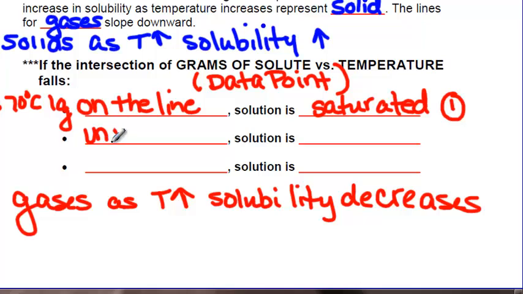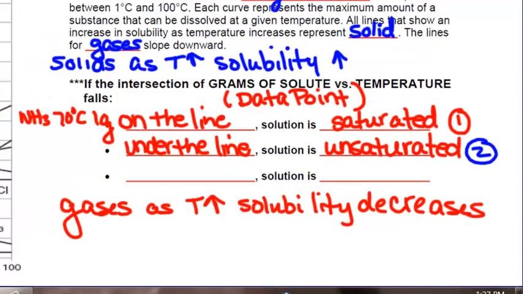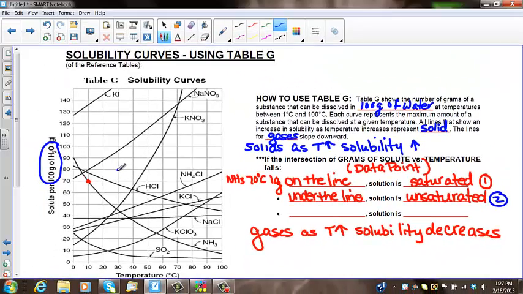If it is under the line, then the solution is unsaturated. I'm going to give you an example of this using a different color. So number 2, I'm going to pick this point right here, and I'm going to reference this to NaNO3.